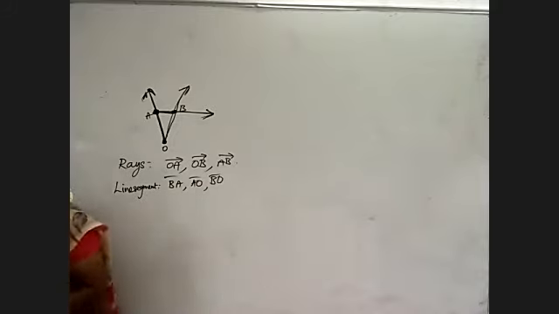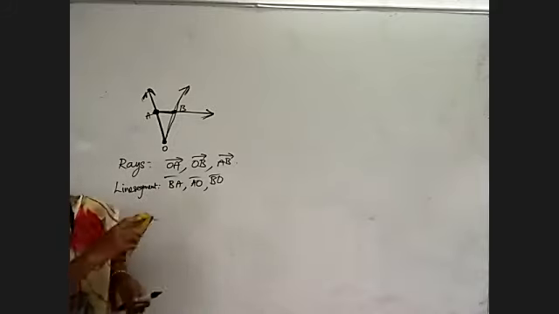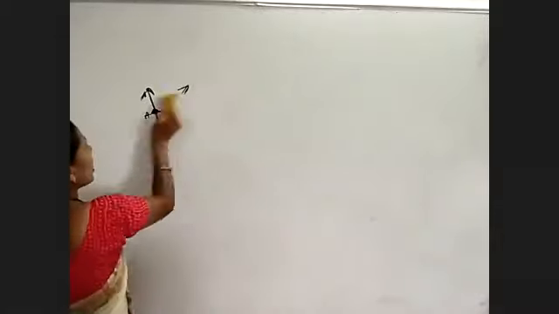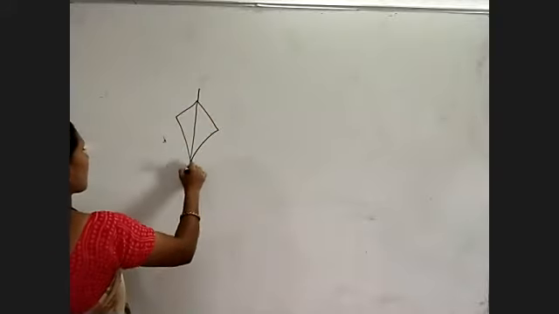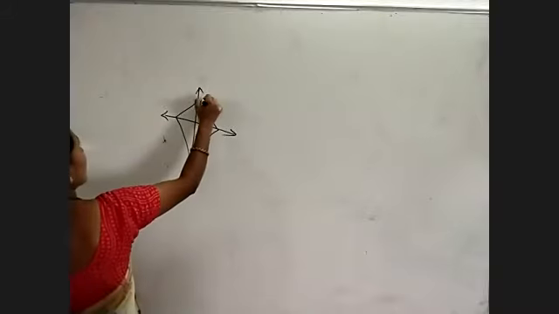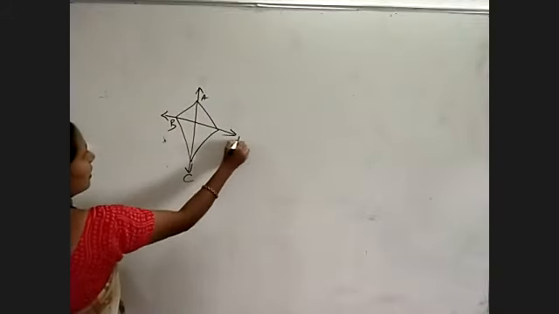And now coming to the next type of question. How many lines are there in the figure? A, B, C, D, and they are intersecting at O. How many lines are there?